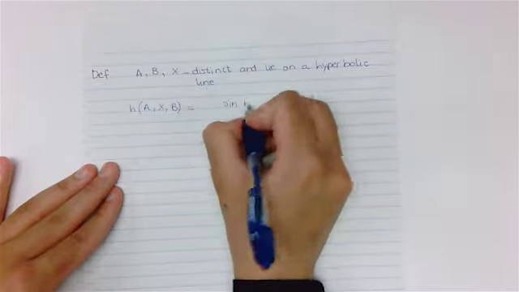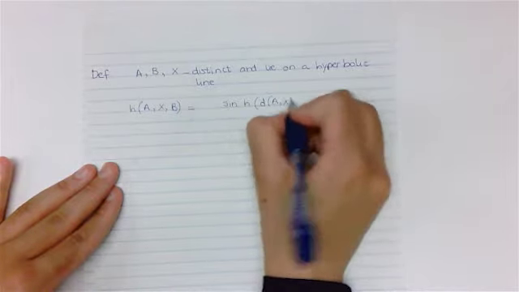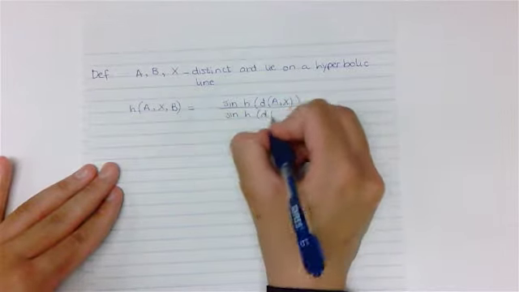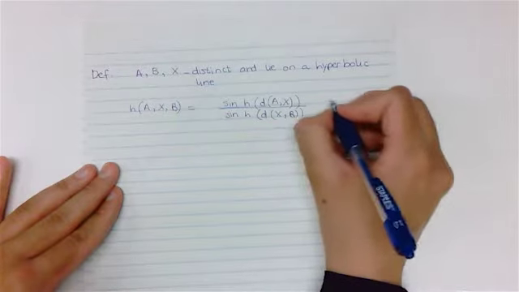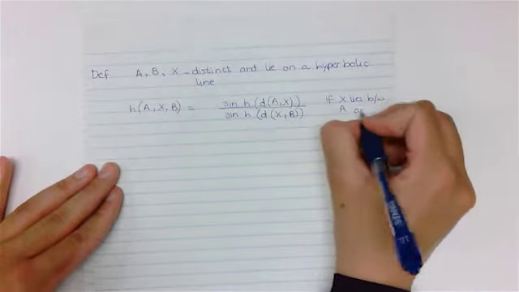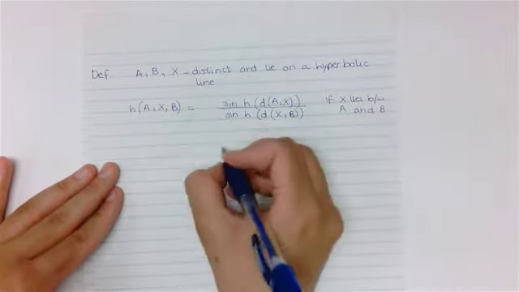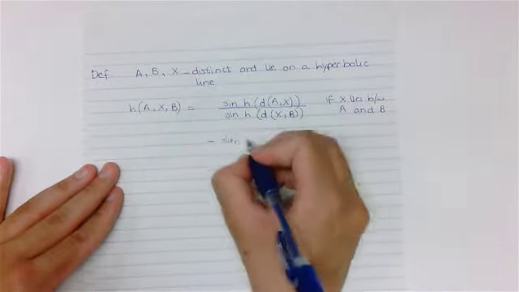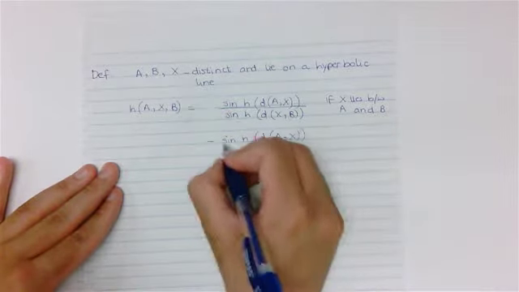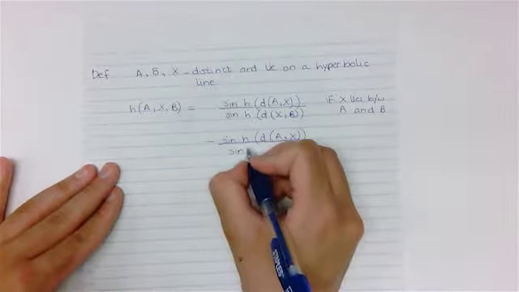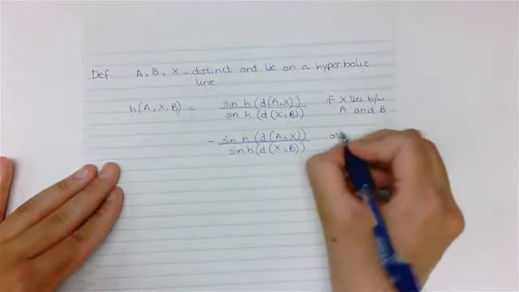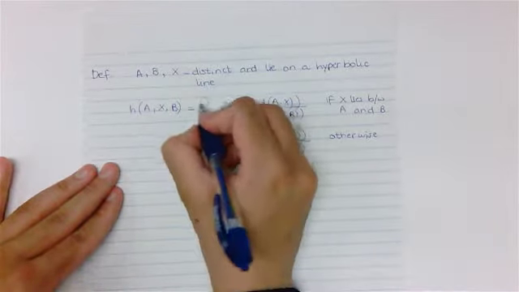So it's the hyperbolic sine of A and X over the hyperbolic sine of X and B if X lies between points A and B, and it's the negative hyperbolic sine of A and X over hyperbolic sine of X and B for all other cases.